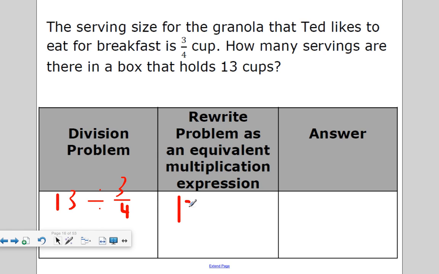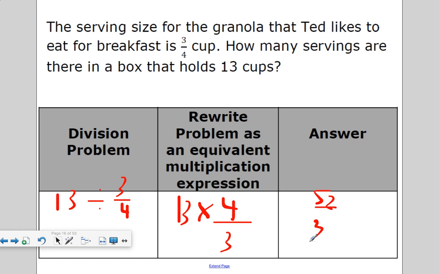So let's rewrite this as a multiplication expression. If I have 13 cups and I divide each into fourths, I multiply 13 times 4, which is 52. But then he eats 3 of those fourths, so I divide by 3.